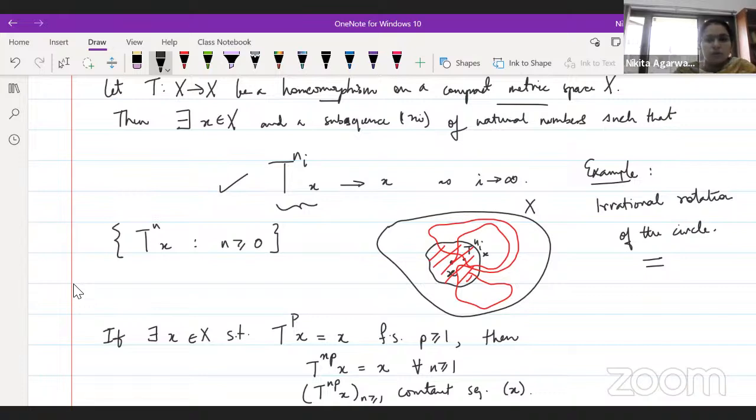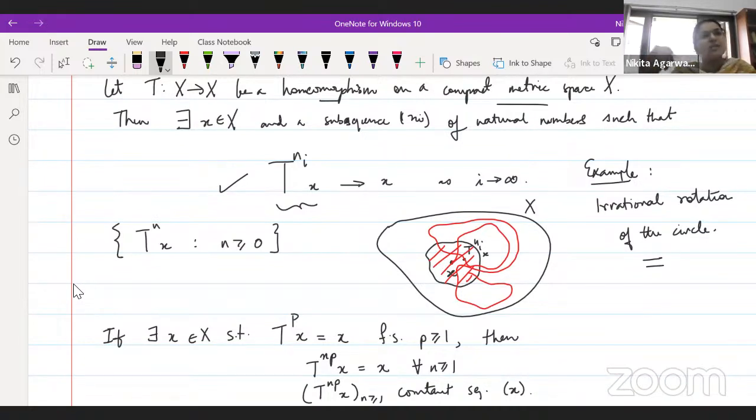So the interesting thing happens when you know a priori that there are no fixed points, there are no periodic points. Even in those situations, like irrational rotation, where nothing comes back to itself, you know that there is a point which has this recurrence feature. In fact, for irrational rotation, it's very special.